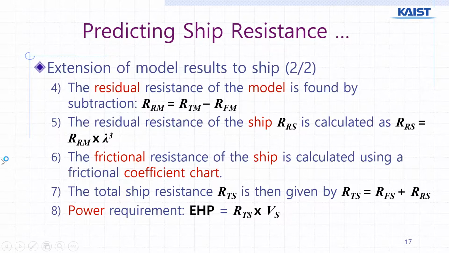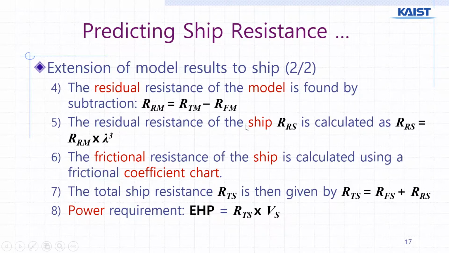Right? The residual resistance of the model is found by subtraction from the model test total measured. This one is measured by the towing tank test, and the frictional resistance is subtracted because we want to have the model residual. This is the force resistance, and using this one you can calculate the CR.